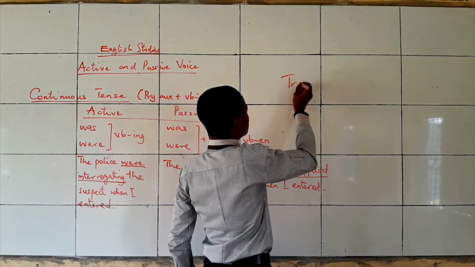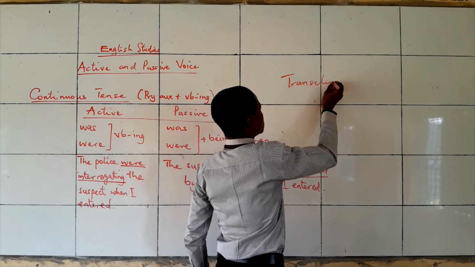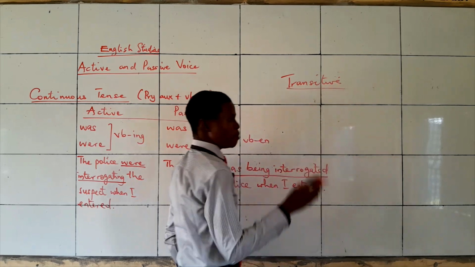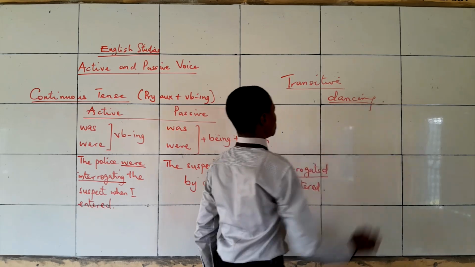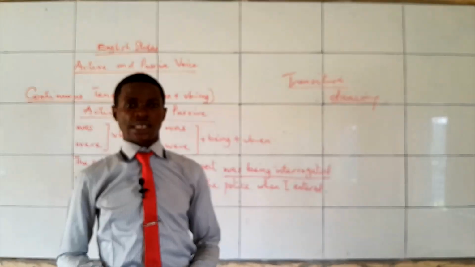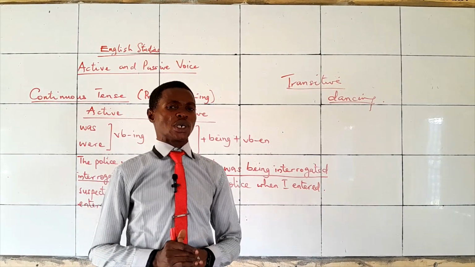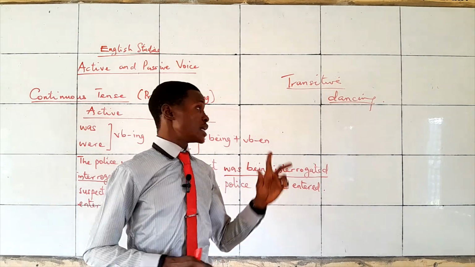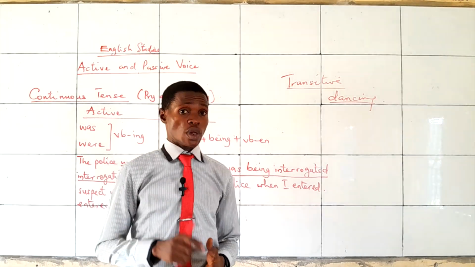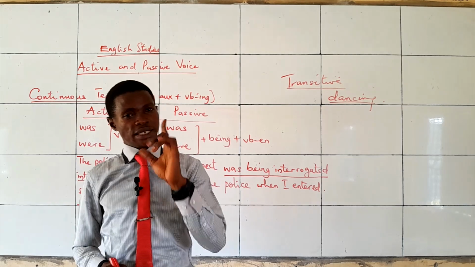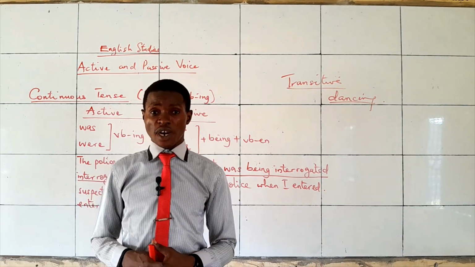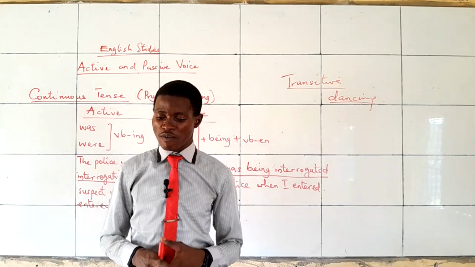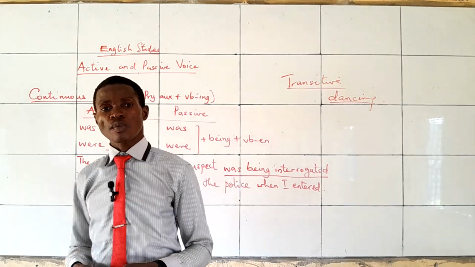All the verbs we've been dealing with are transitive verbs. But the verb dancing is not a transitive verb. So if you come across that kind of a question, do not give yourself any headache. It cannot be converted to a passive because dancing is not a transitive verb. It's an intransitive verb.